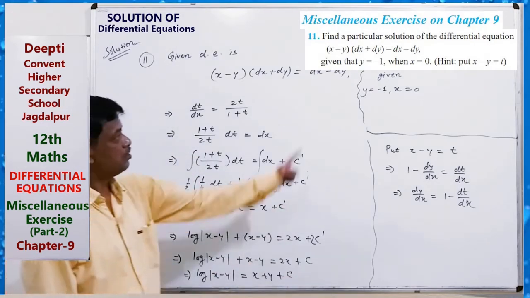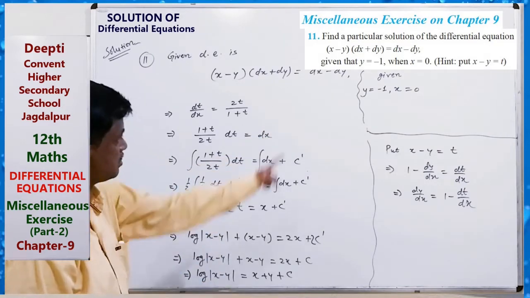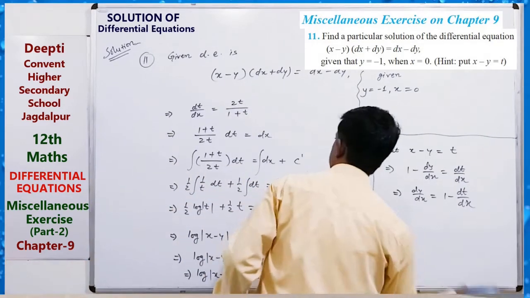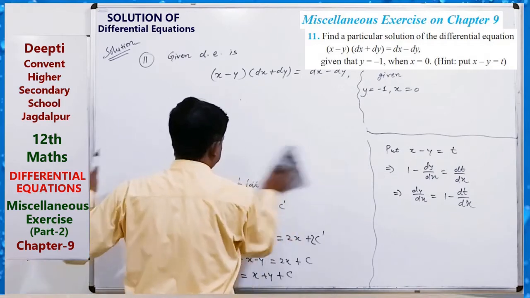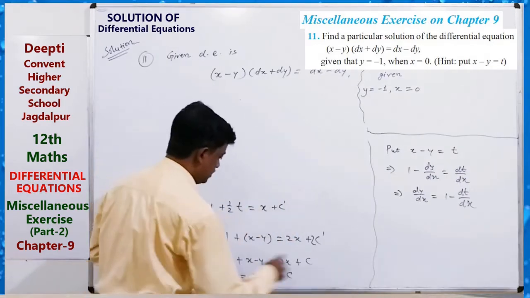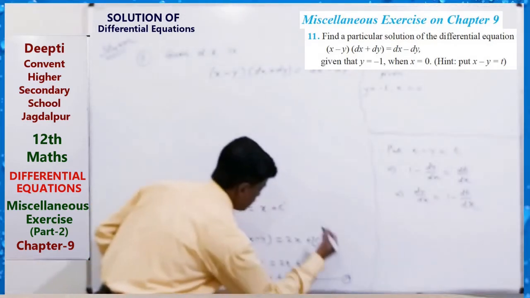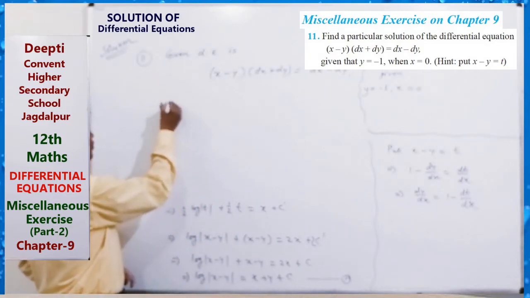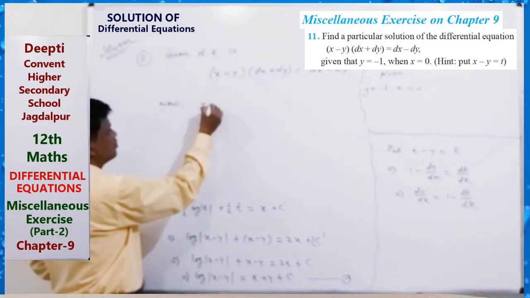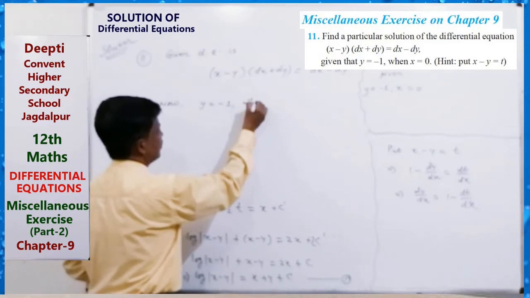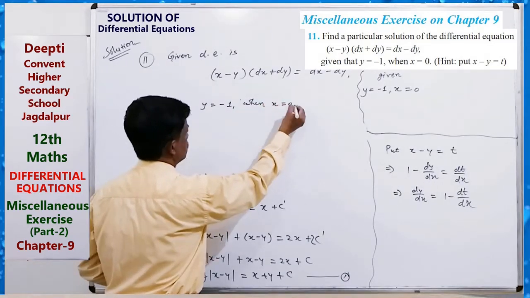Now we have to find the value of the constant by using the condition. After this line, suppose this is 1. Now y equals to minus 1 when x equals to 0.